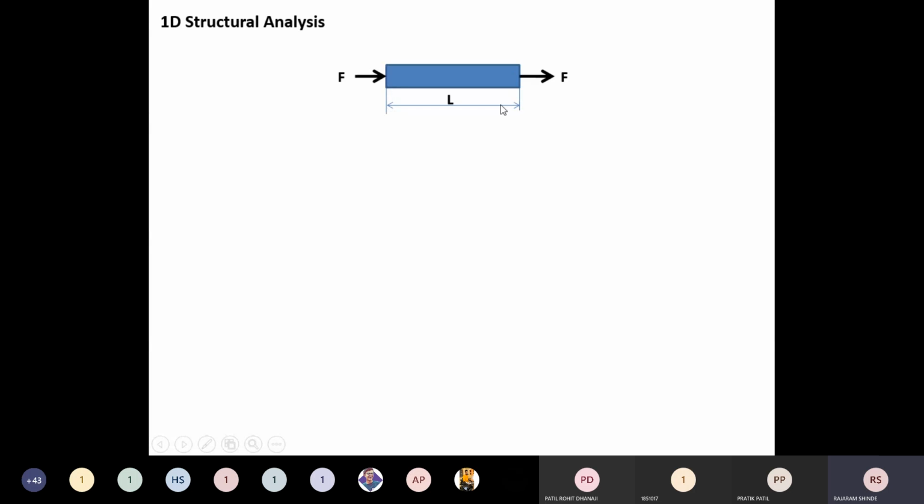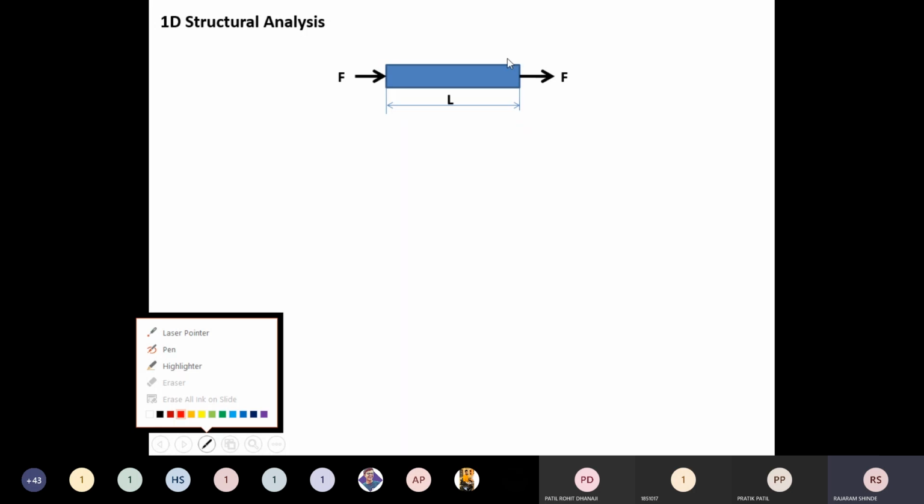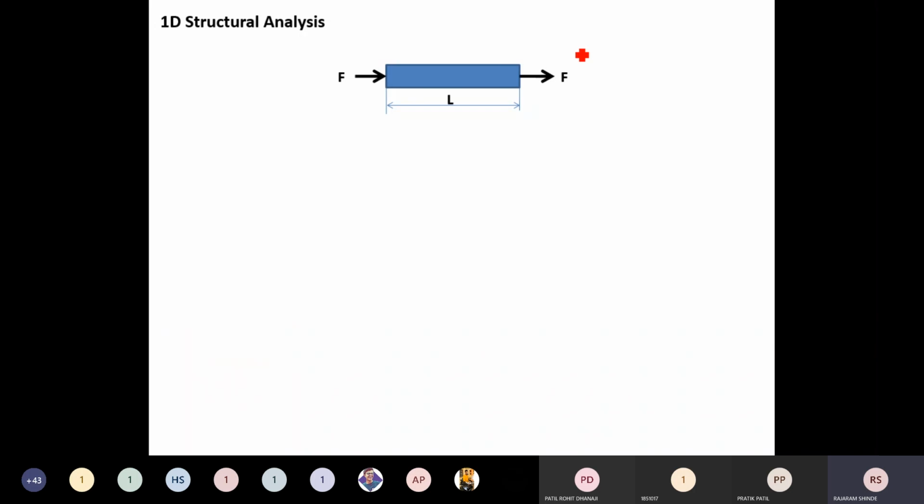One dimension in the longitudinal direction is very big as compared to the lateral two dimensions. It has a cross section like this, but this cross section is very small as compared to the length. So I am going to select the 1D element, one dimensional element, for this problem.